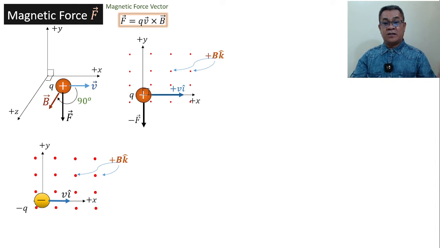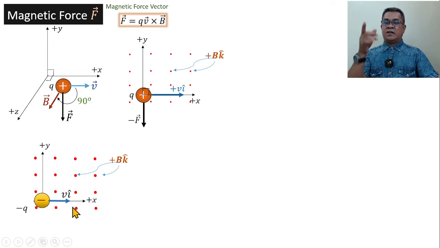But take note, it is a negative charge. Because it is negative, you have to reverse the answer of the right hand rule. If it is downward, then the correct answer is upward. Why? Because this is a negative charge.